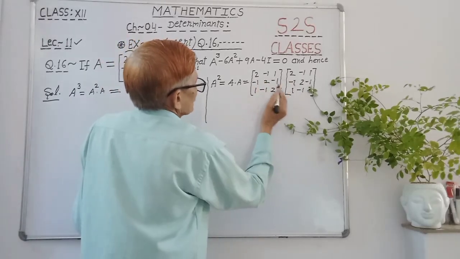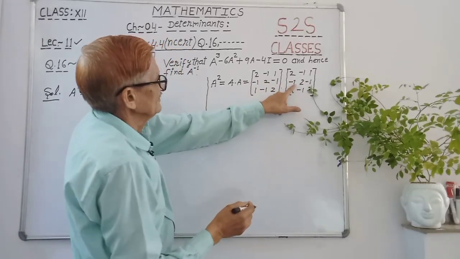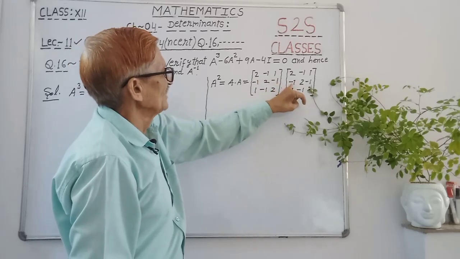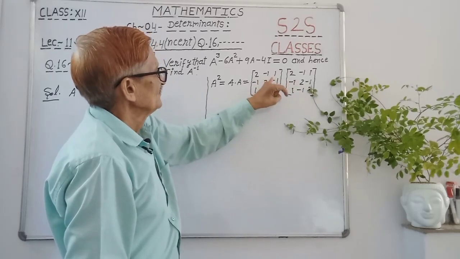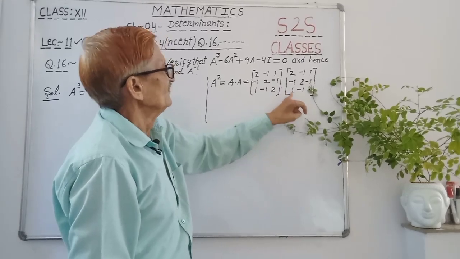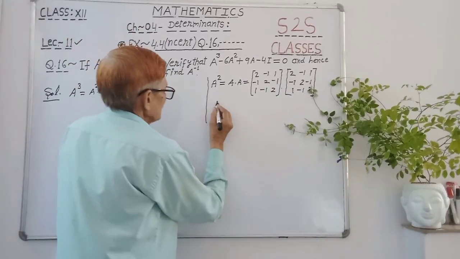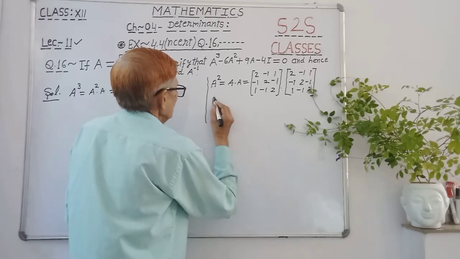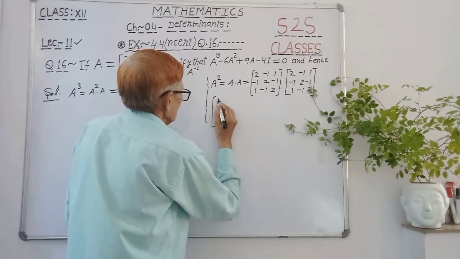Now first row with first column, I am doing directly. See here, 2 into 2 is 4, minus 1 into minus 1 is 1, 4 plus 1 is 5, and 1 into 1 is 1, 5 plus 1 is 6. So the first element is 6. Okay beta, do it fast like this.